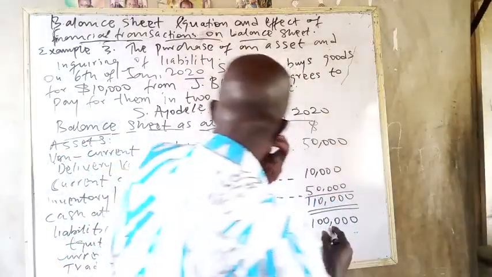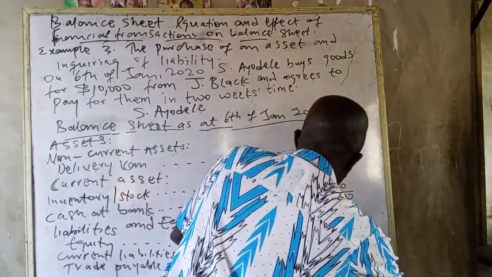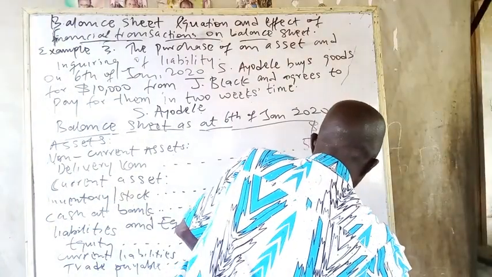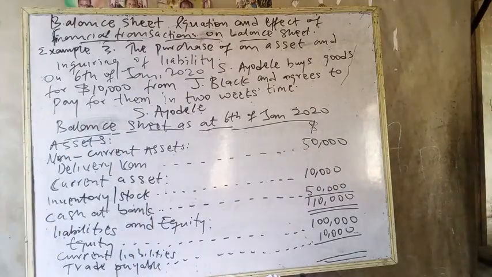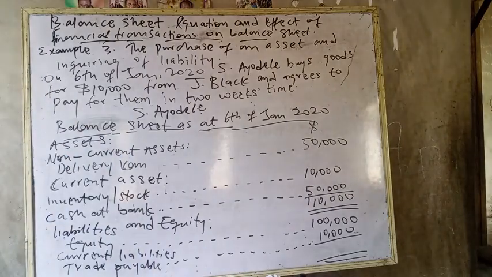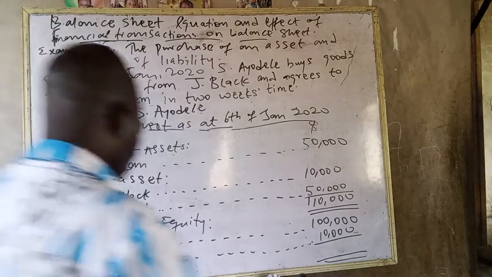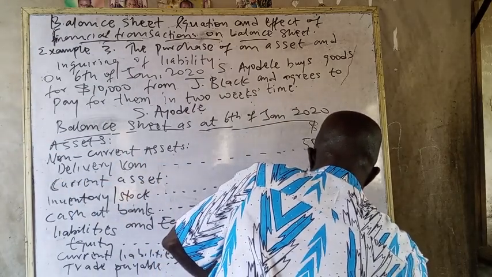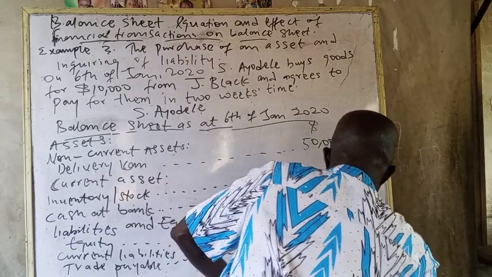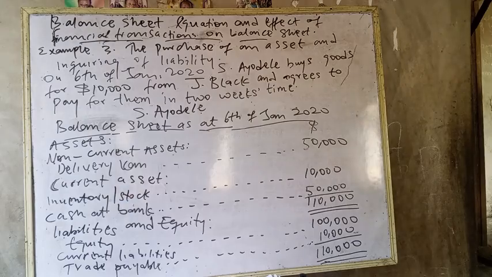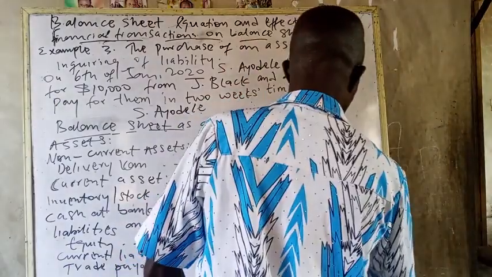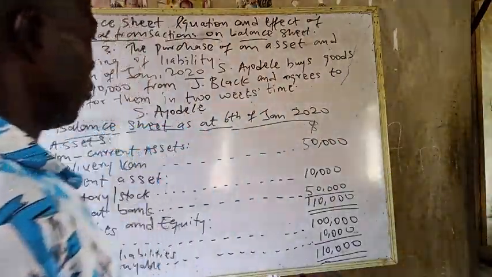That is to be paid later: $10,000. It's $10,000. Total, 110. So you can see that it's still equal.